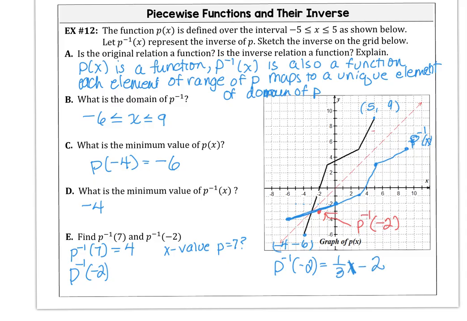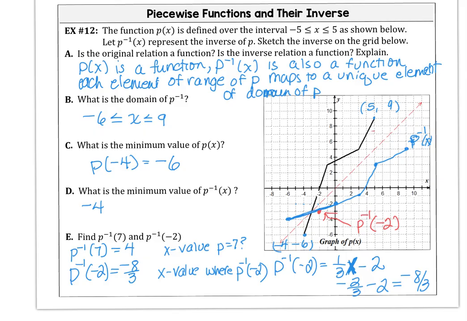So if we substitute a -2 here, that gives us negative 2/3 minus 2. And negative 2/3 minus 2 looks like negative 8/3. So the p inverse of negative 2 is negative 8/3, because we were looking for the x value where p inverse is negative 2.